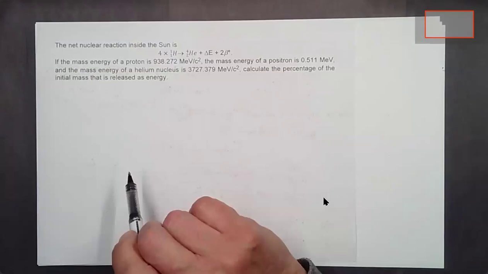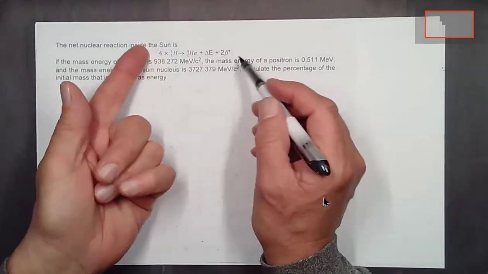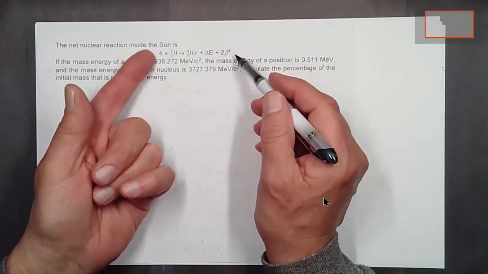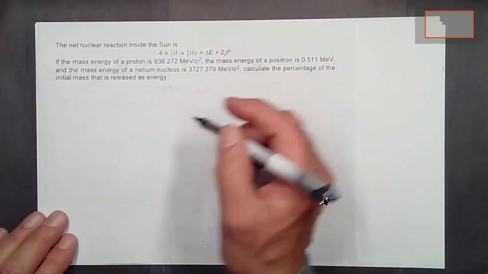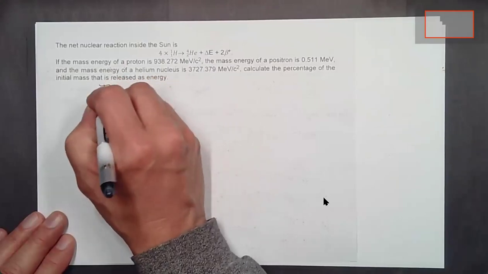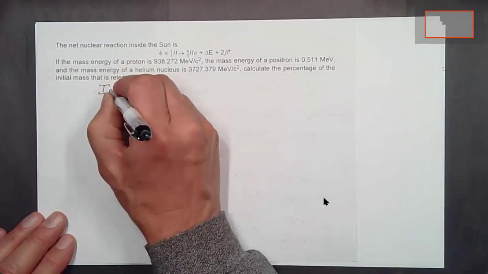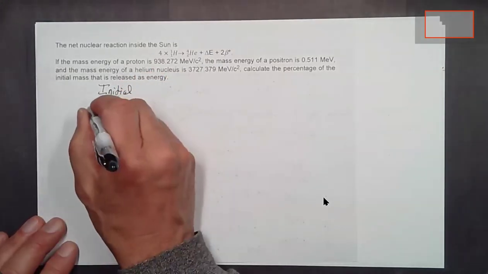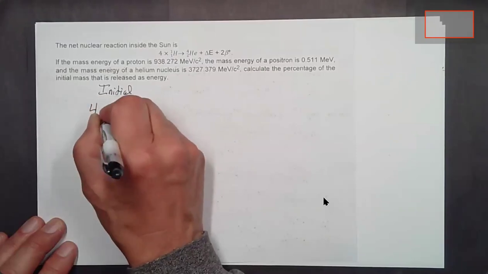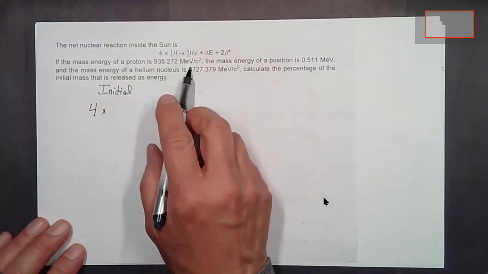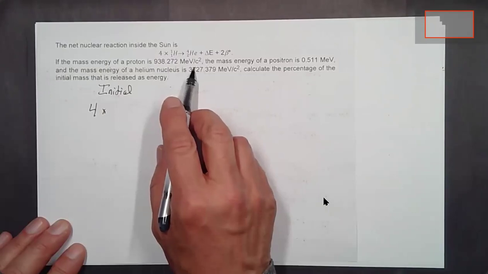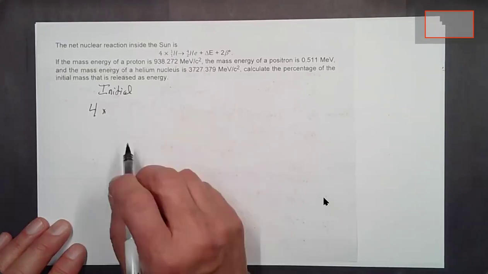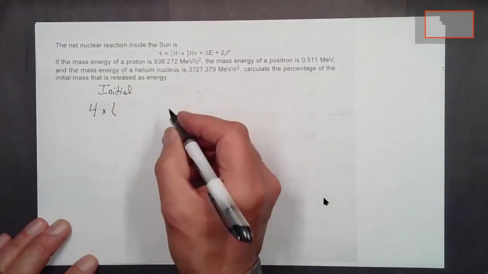and that would be the delta E. So if you set this up as an energy equation, you'd have to have energy is conserved. And so what you'd have for the initial energy is 4 protons, and the mass energy of a proton is that much. Well, the energy of the proton, you just take away the c squared, and you'd have the energy of that proton.